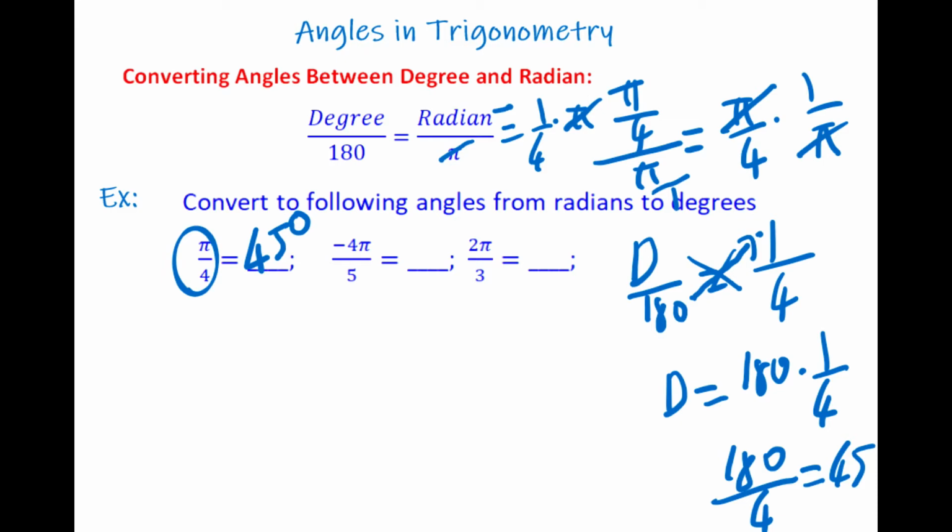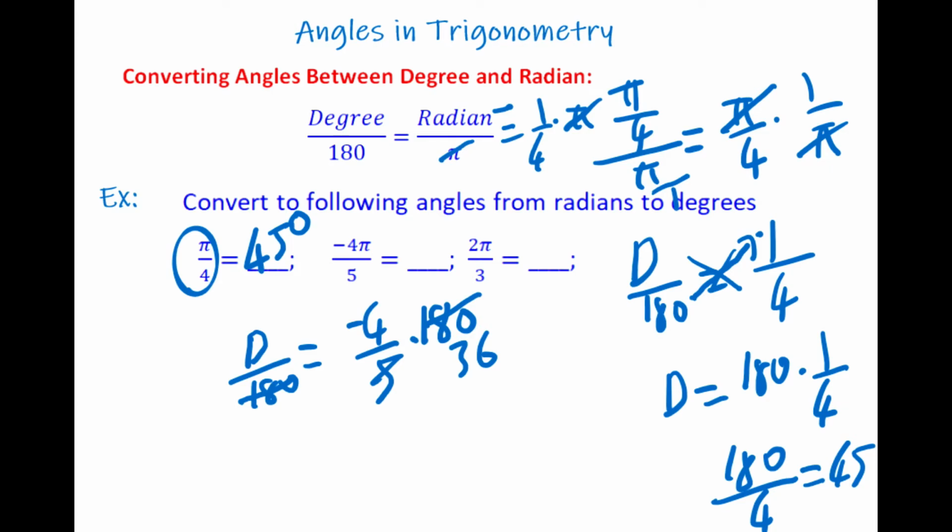Similarly, for the second case, which is negative 4 pi divided by 5, we can write degree divided by 180, and that is, guys, negative 4 divided by 5, because those pi's will be going away. You can even just bring this 180 and put it right here as a multiplication. In the next step, if you divide 180 by 5, we're going to have 36 here.